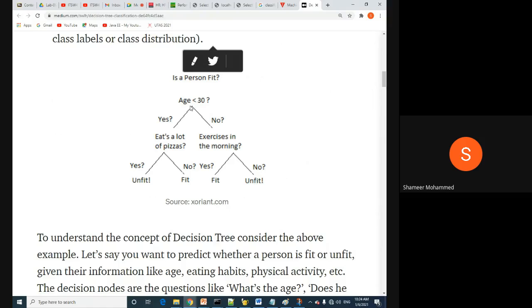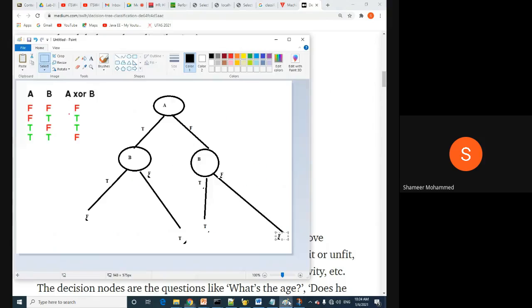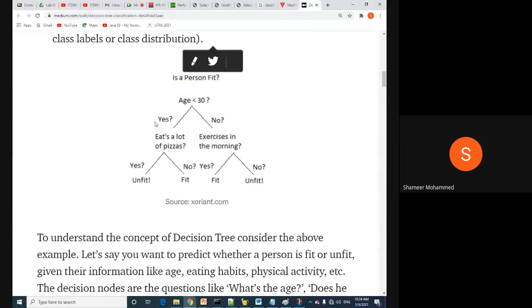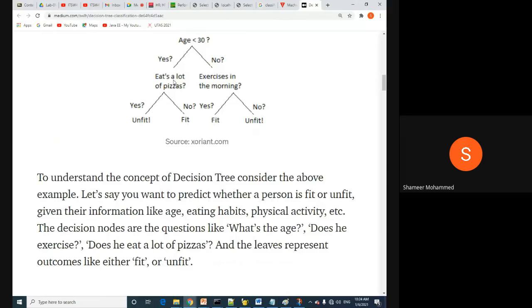If age is less than 30, no, that means you are exercising in the morning to keep yourself fit. If you are not exercising, unfit. So a similar kind of table you can consider for this one, and you can understand how we can draw this tree.